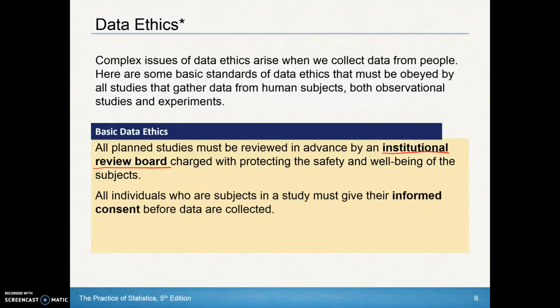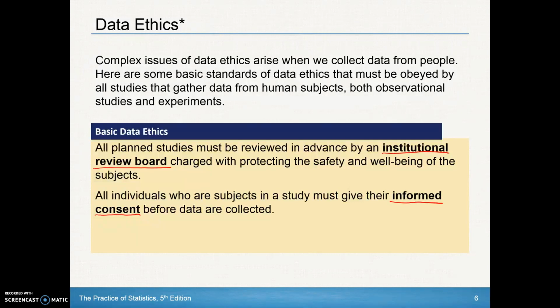So all individuals who are subjects in a study must be given their informed consent, which then sort of takes away a little bit from an experiment, because now people, if you're trying to do something and not influence them or introduce bias, you may not want to be telling them what you're doing.